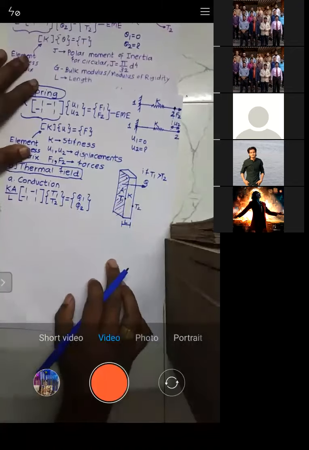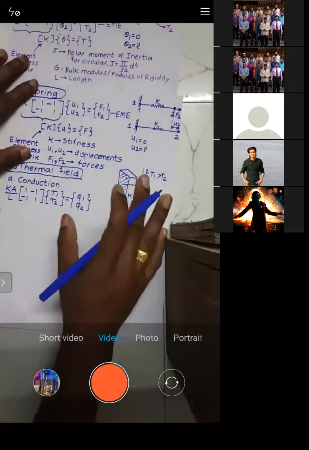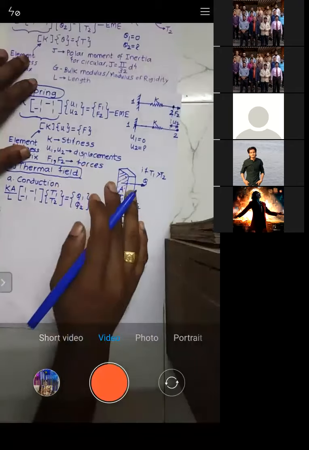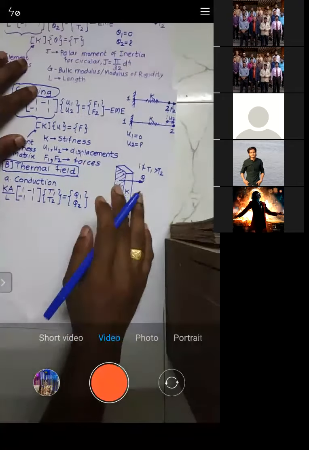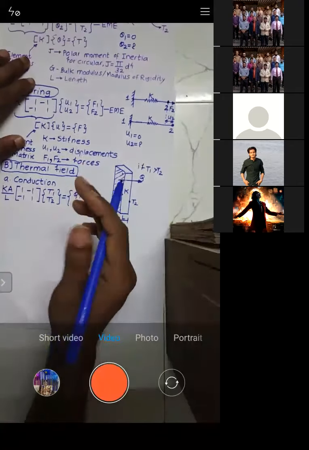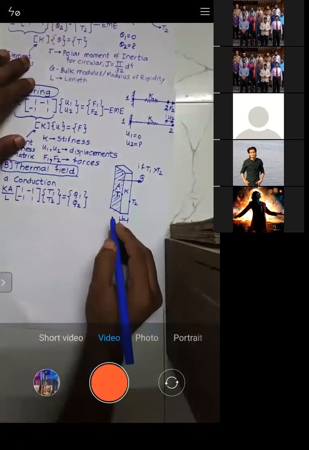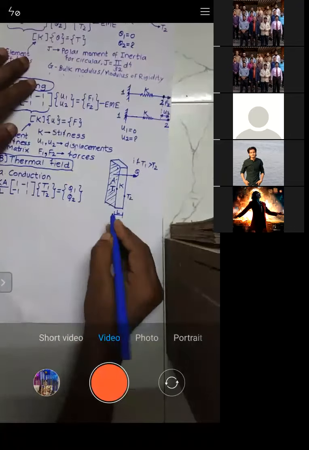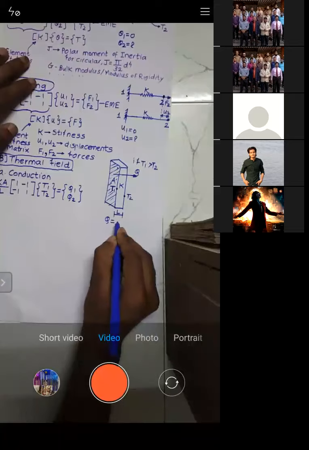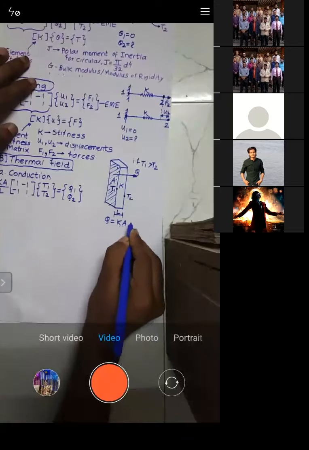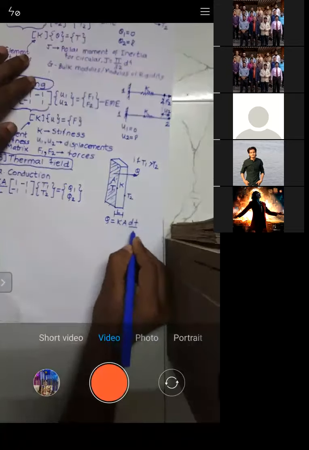Now, from where is this derived? It is derived using Fourier's law of conduction. I will brief you about that in detail. Fourier's law says Q is equal to K A dT by dx.